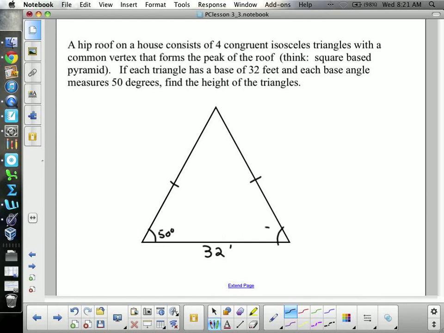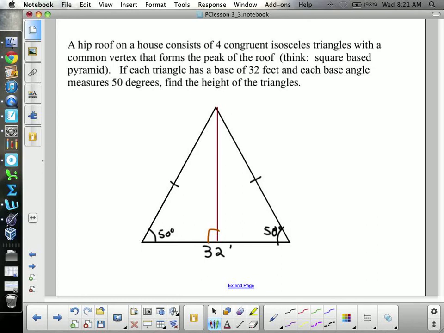We have to use a little geometry knowledge here, because I don't have any right triangles in this picture. But in order to find the height of the triangle, I'm going to create a right triangle. What happens in an isosceles triangle when we drop in the altitude? What do we do to the base? Because it's isosceles, we divide it equally.